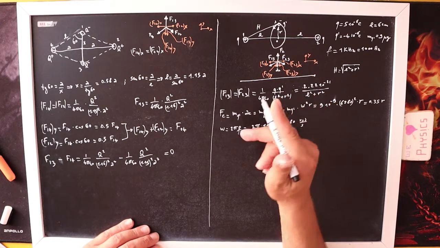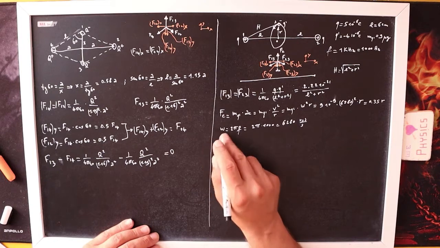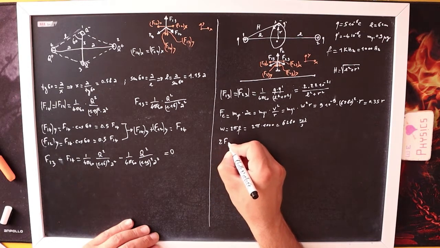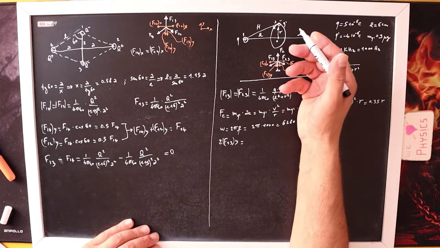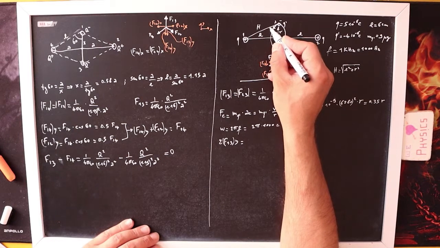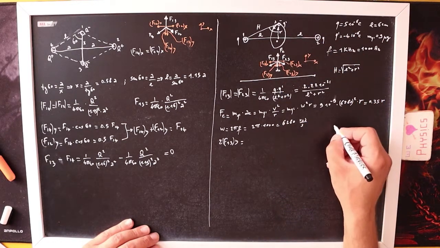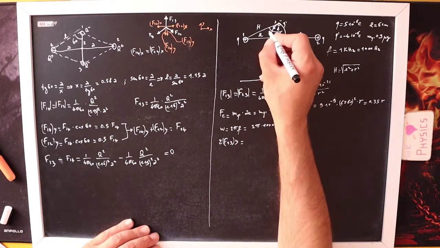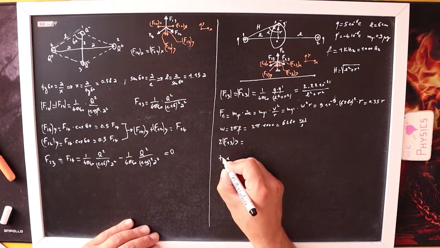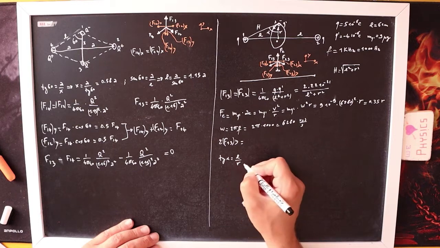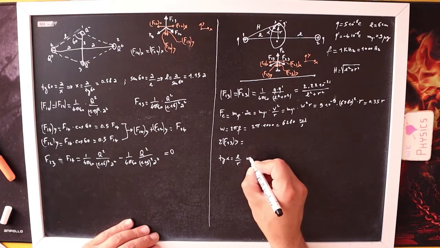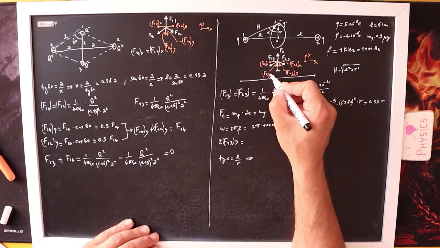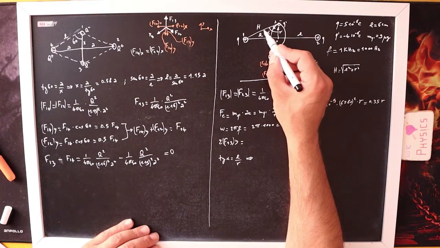So we have 2 times F13 over y. How much is it? We can take this angle, alpha, and the tangent of alpha is equal to L divided by R. If we want to calculate this component of F13, we use this angle.